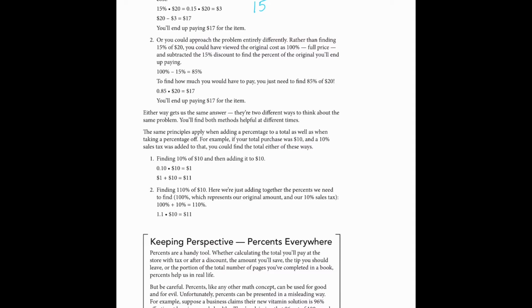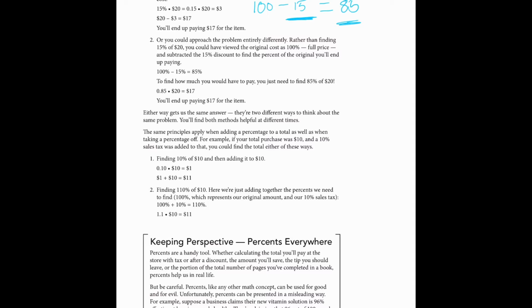All right, so 100 take away 15 equals 85. All right, so if we take away 15 from 100, we get 85. So rather than just subtracting this or figuring out what this number is of 20, we can figure out what this number is of 20. And then that gives us the actual amount we'll end up spending, okay? It just kind of removes a step.